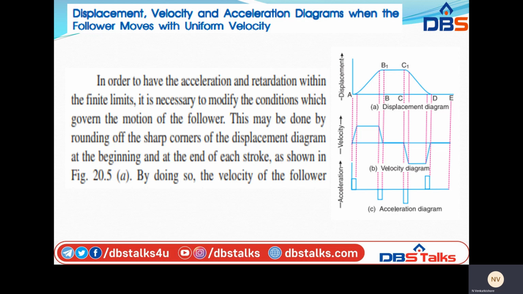So why? Because we are creating certain limits for the acceleration and the retardation value. So the displacement diagram and the corresponding velocity and acceleration diagrams for the modified uniform velocity are presented in this diagram.